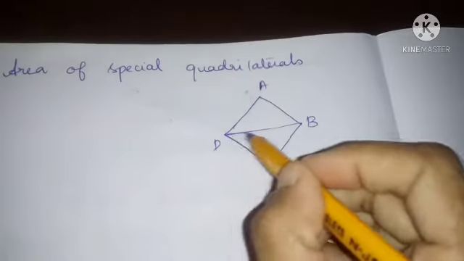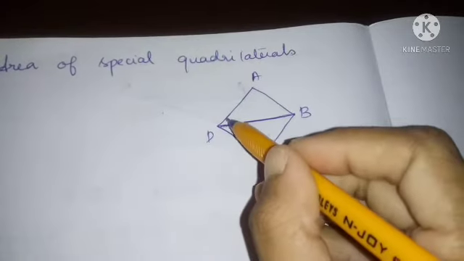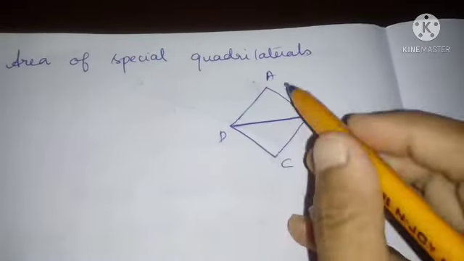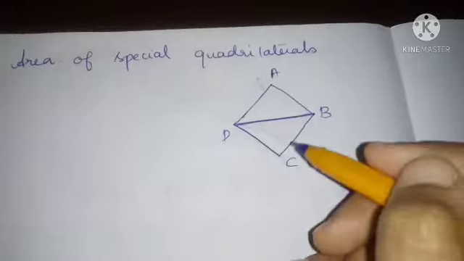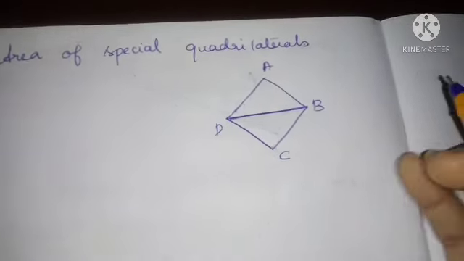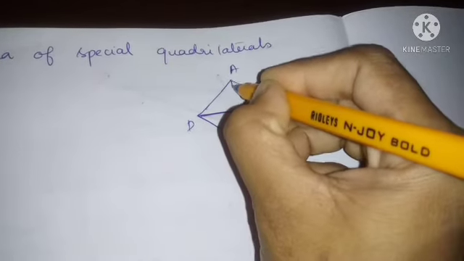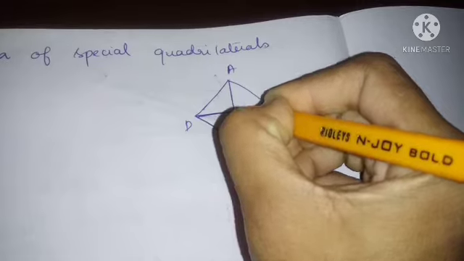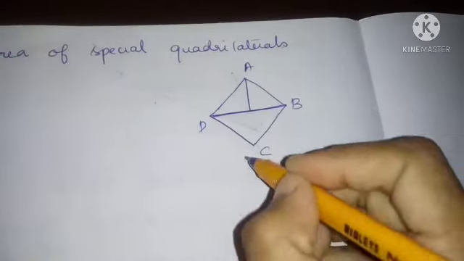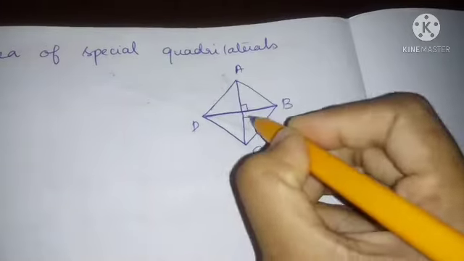BD is one diagonal of this rhombus, which separates it into two triangles. ABD is one triangle, BCD is another triangle. When it comes to the height, it will come like this, and for this one the same thing. This is one height, this is another height.